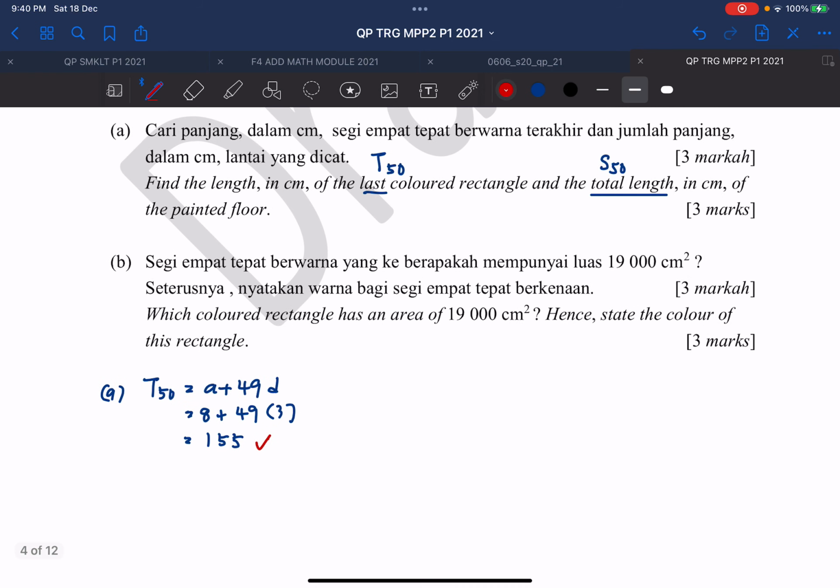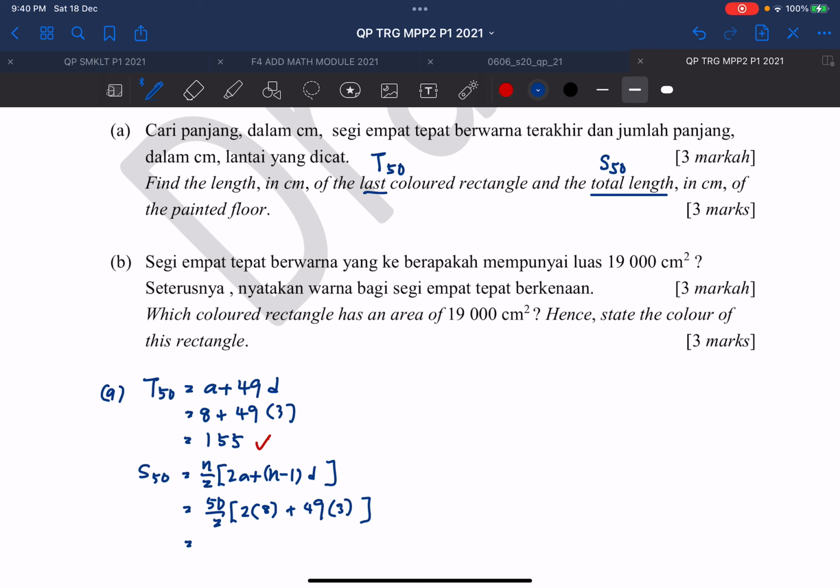For S50, don't forget your formula, n over 2 times 2a plus n minus 1 times d. So n should be 50 over 2, times 2a plus 49d.